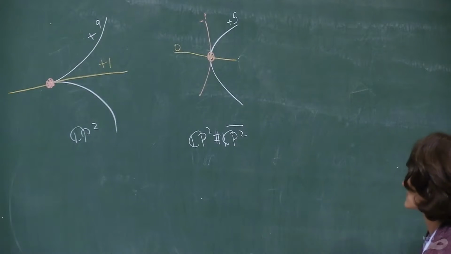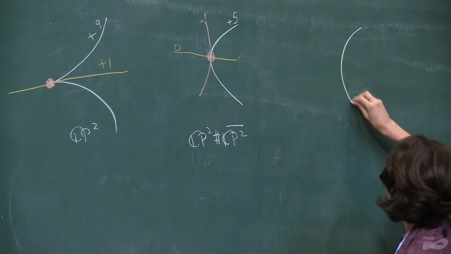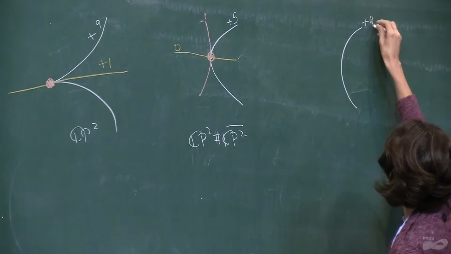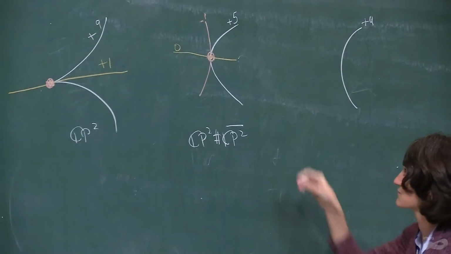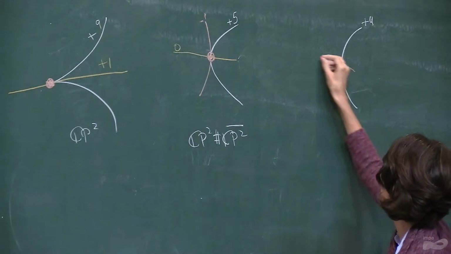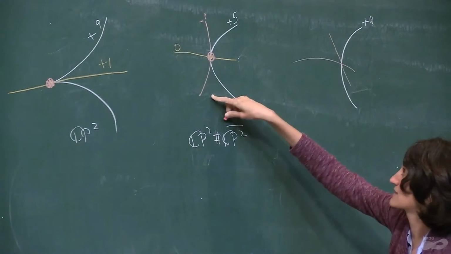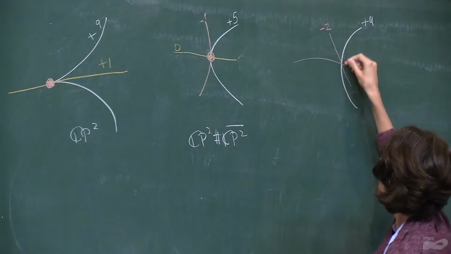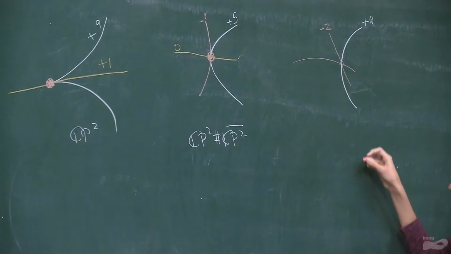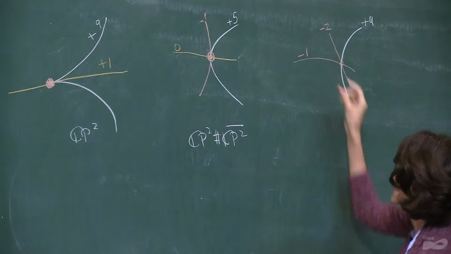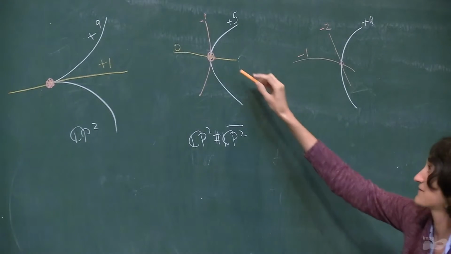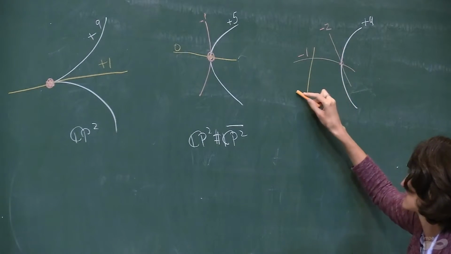My now smooth curve stays smooth, but I'm going to start separating out these things. The thing that was tangent now intersects transversely. This is my new exceptional sphere. And the thing that it intersected transversely is now disjoint.